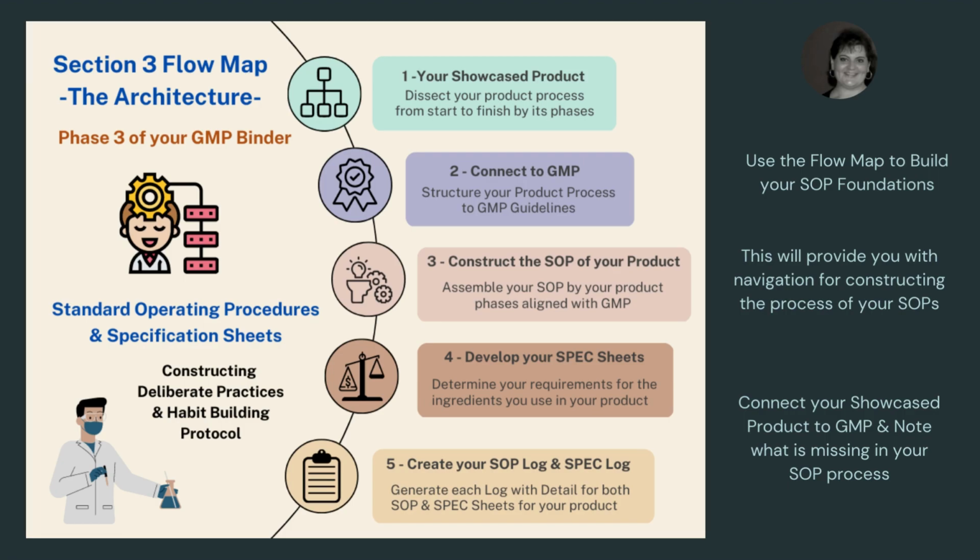Place your phases in chunks for an easier understanding, and then you will be able to see how it flows. Second, connect your product to GMP. You want to structure your SOP outline towards GMP practices and its guidelines. Third, begin the construction of your product's SOP. So align GMP to your process by its phases.